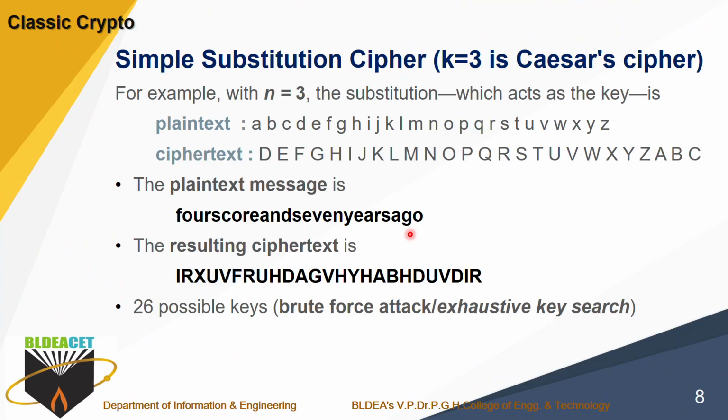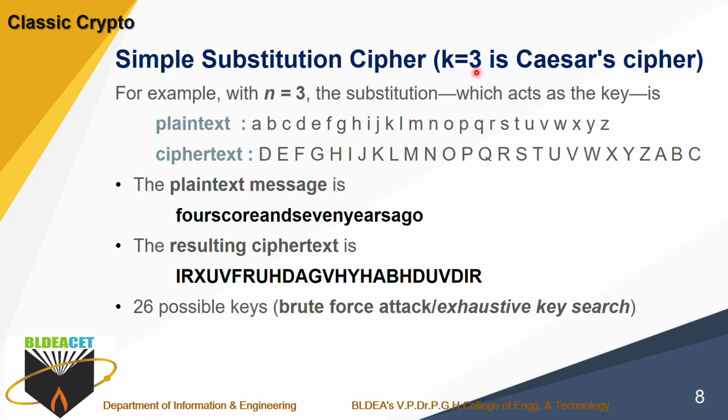So now, as I already know, cryptography means what? It is the art and science of generating secret codes. So here this is classic crypto. In classic crypto, you are using one method to generate a secret code, and that method we call a simple substitution cipher, and we are using k equal to 3 here.